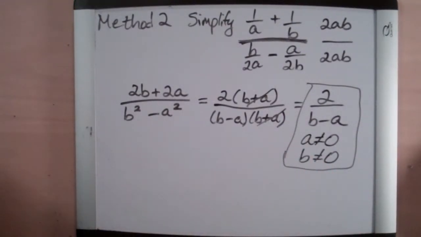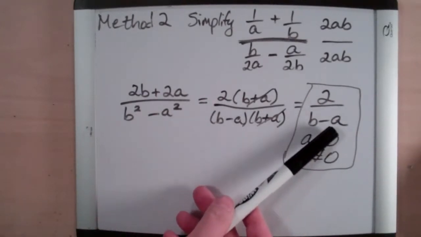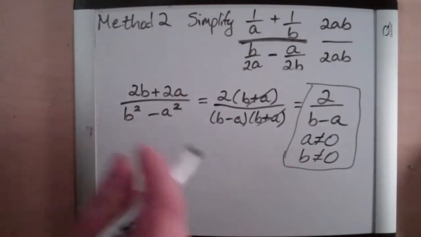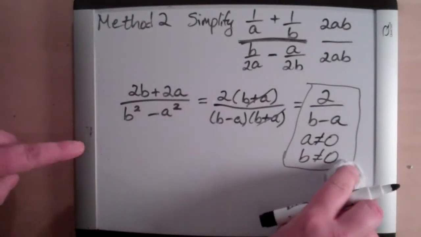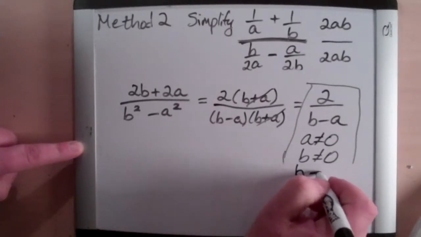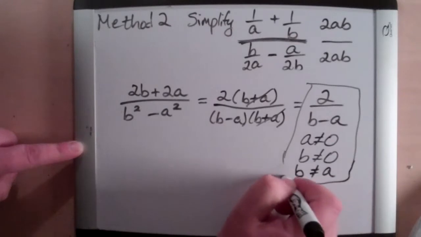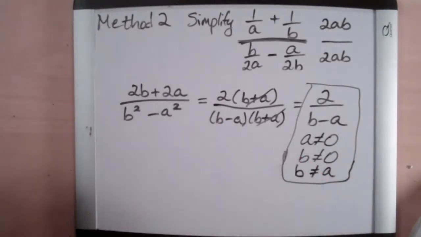And if we were going to be really, really careful about it, we don't want B to equal A either. So we could add one more note here, that B is not allowed to equal A. So that gives us a really complete answer.